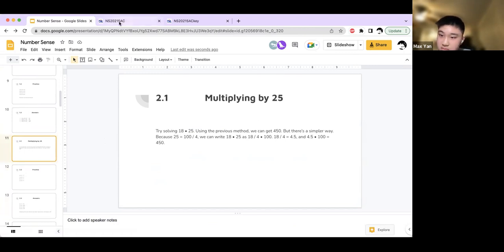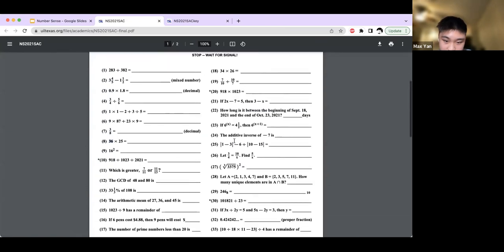Right, now we have some more problems to go over. Question 27. Okay, so this is what I said was so important about memorizing the cubes from 1 to 20, because questions like this will show up. The cube root of that is 15.